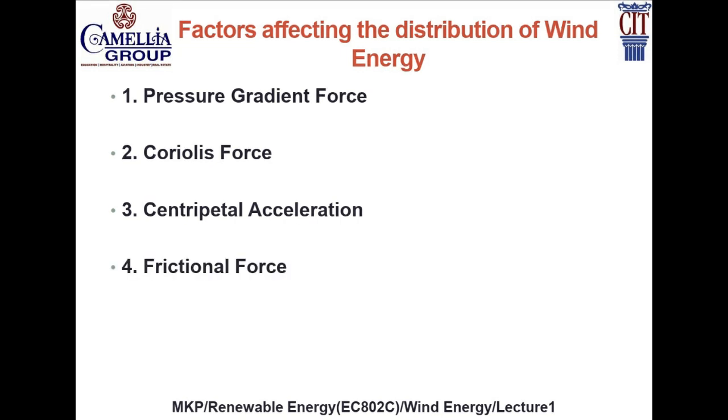The last but not the least is the frictional force. The irregularities of the Earth's surface offer resistance to the wind motion in the form of friction. This force determines the angle at which air will flow across the isobars, as well as the speed at which it will move.